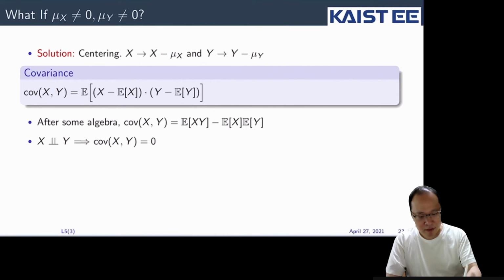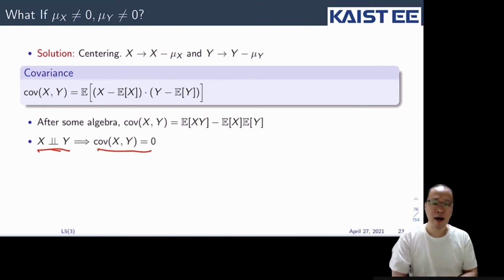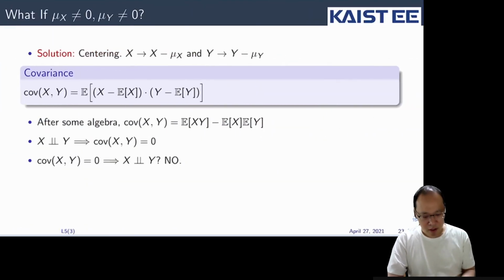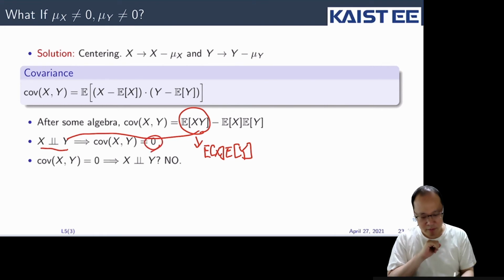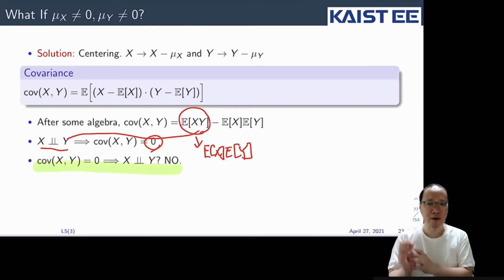Now, as we have mentioned, if x and y are independent, then the covariance of x, y is 0. You know why? Because if x and y are independent, the expectation of xy is equal to the expectation of x times the expectation of y, so they should be equal. All right. You may ask: what happens if the covariance is 0? Then x and y are independent?